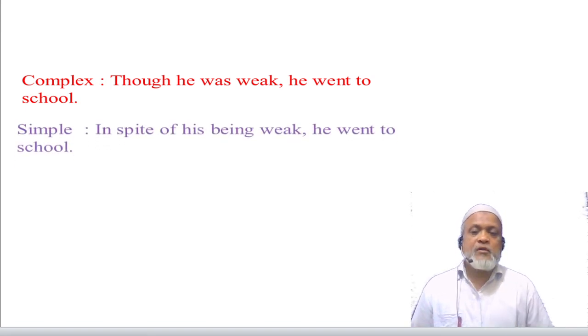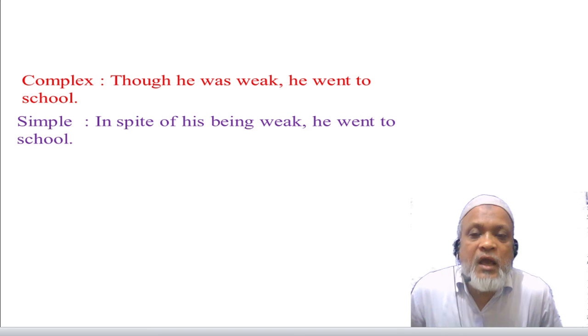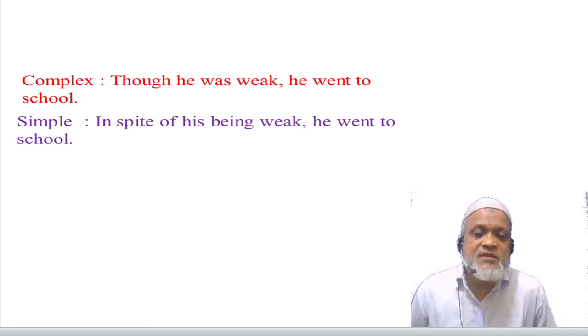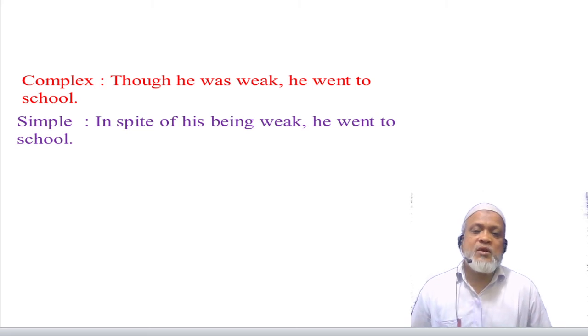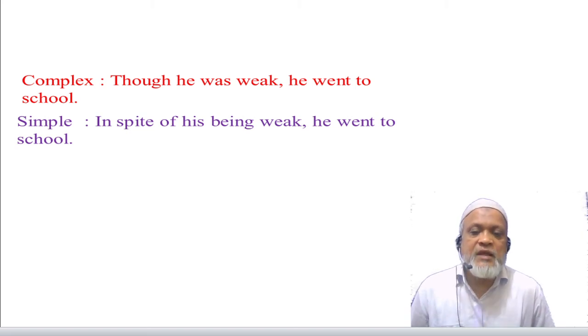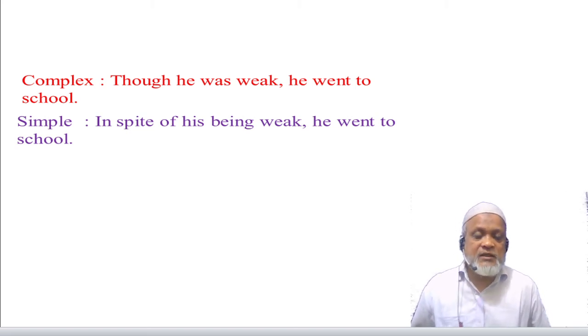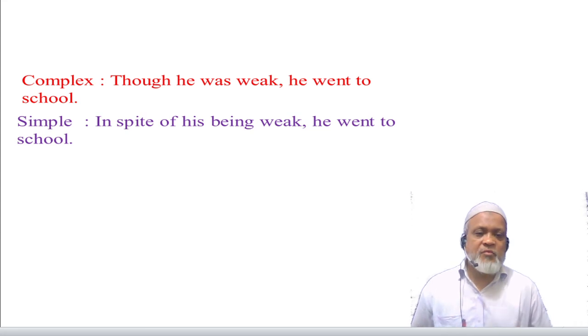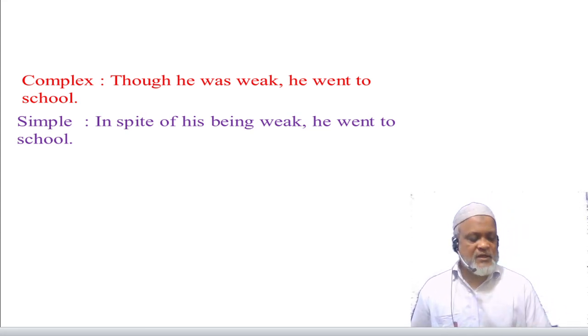How? In spite of his being weak. Here was is changed into being, and though is changed into in spite of. This is not a clause, this part of the sentence is a phrase, so there is only one finite verb, that is went. So it is a simple sentence.